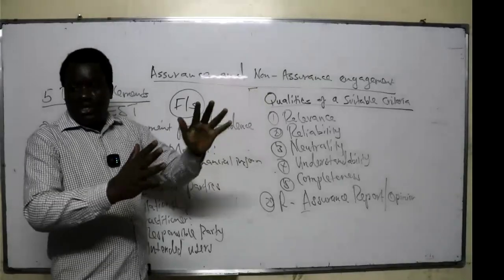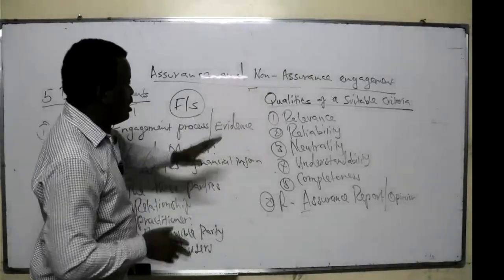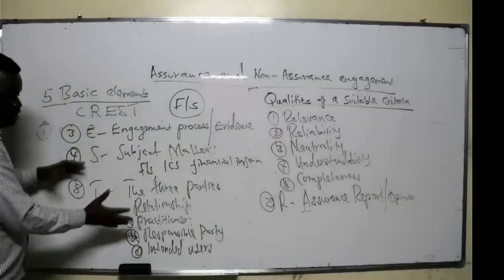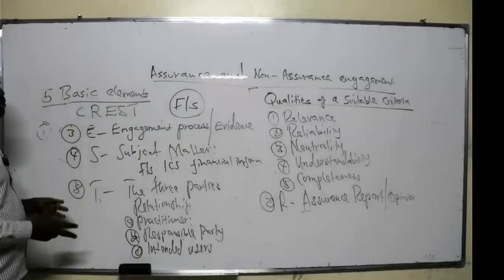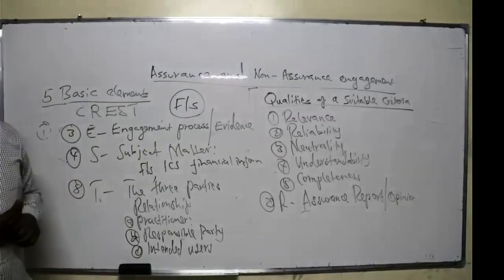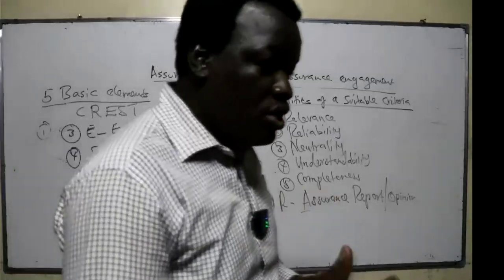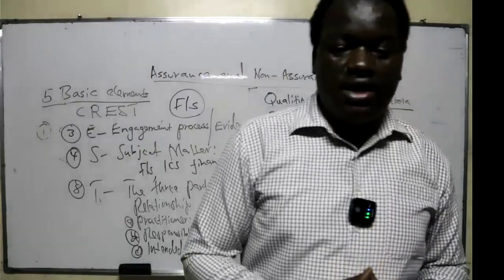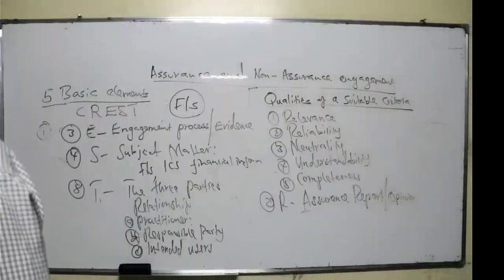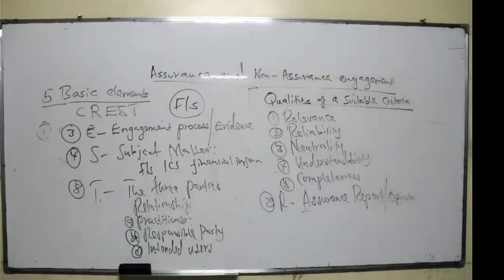Non-assurance engagements, by their nature, lack these 5 basic elements. We shall come to that. And if you go back to our definition, those wordings are there. Those elements appear in the definition of the term assurance engagement.